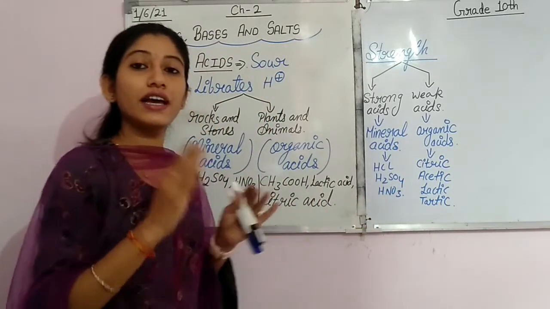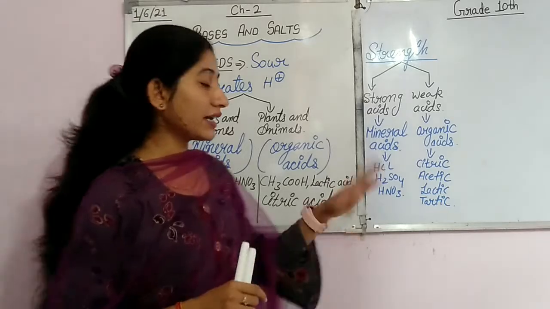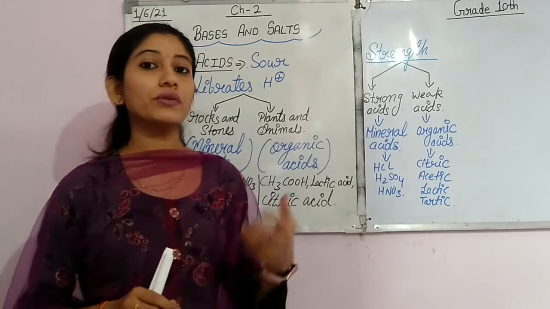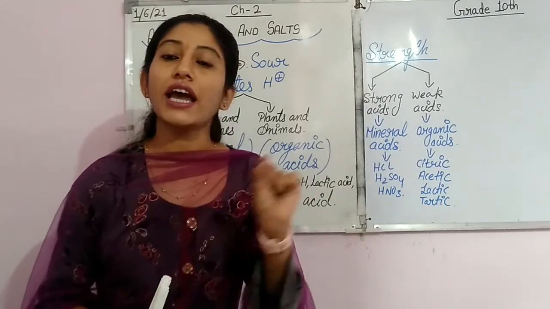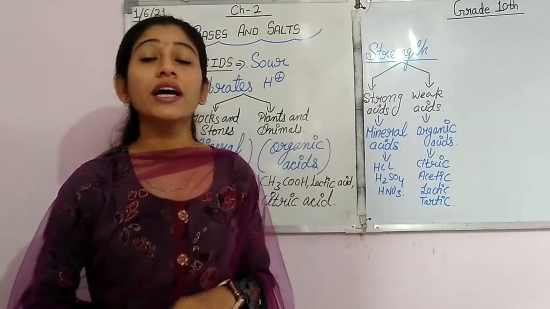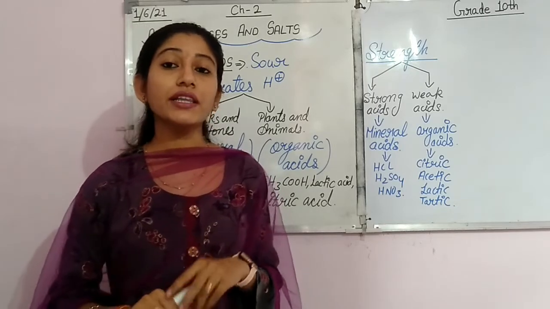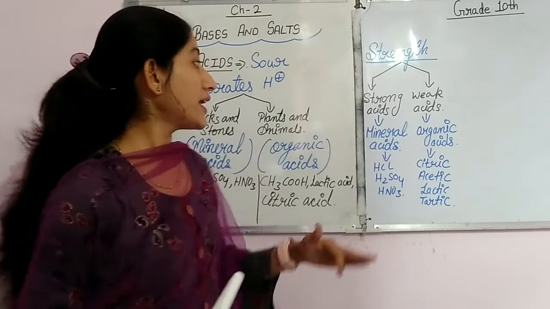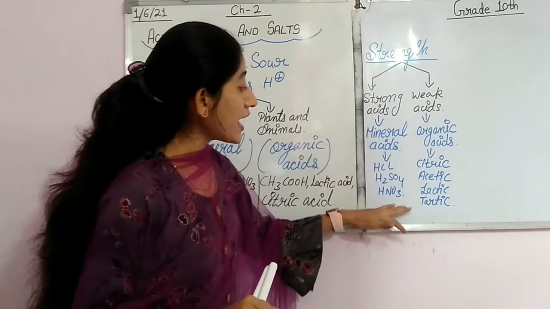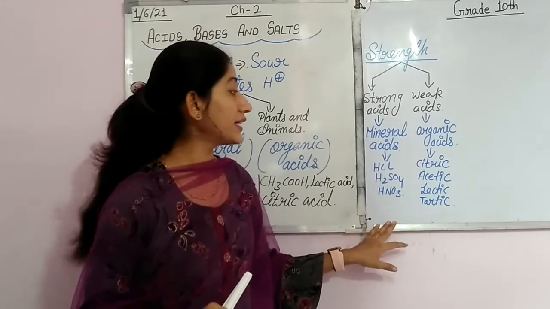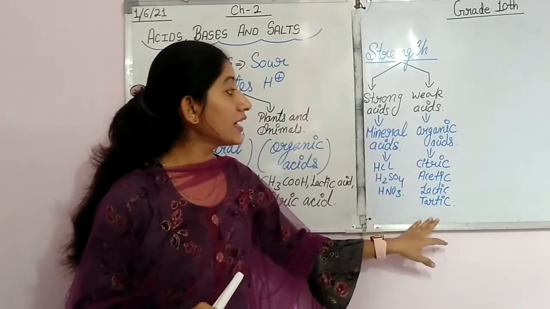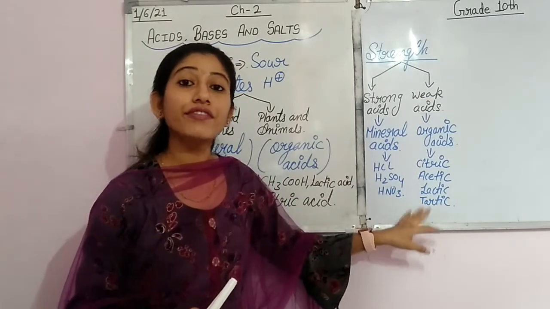So we have said that we can categorize the acids according to their strength as weak and strong. Then here comes the question: why are we saying these mineral acids are strong acids and these organic acids are weak acids?